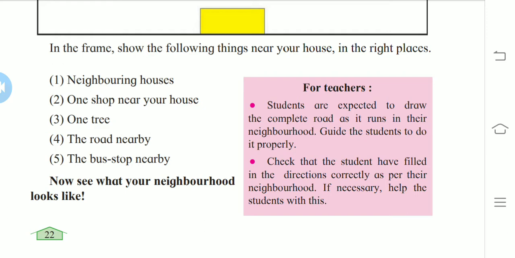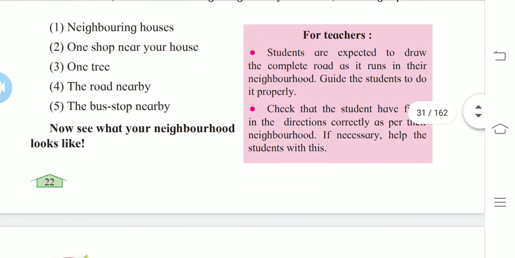For teachers, students are expected to draw the complete road as it runs in their neighborhood. Guide the students to do it properly. Check that the students have filled in directions correctly as per their neighborhood. If necessary, help the students with this.